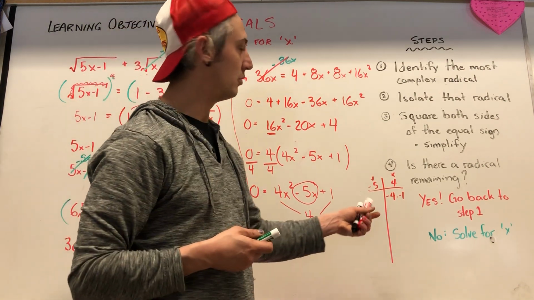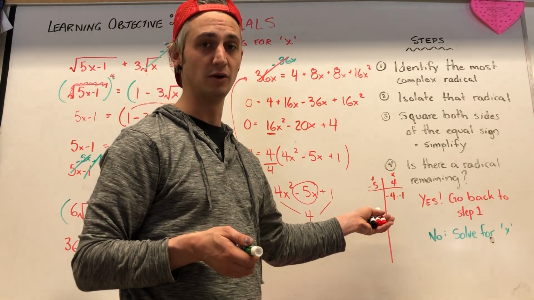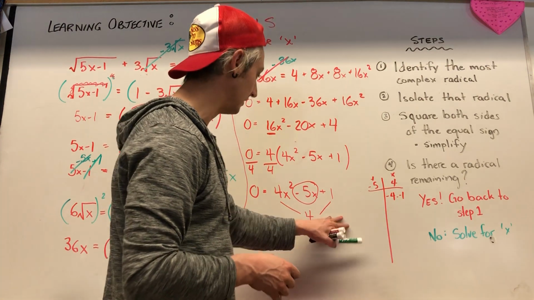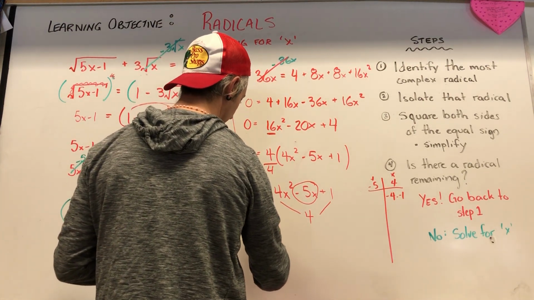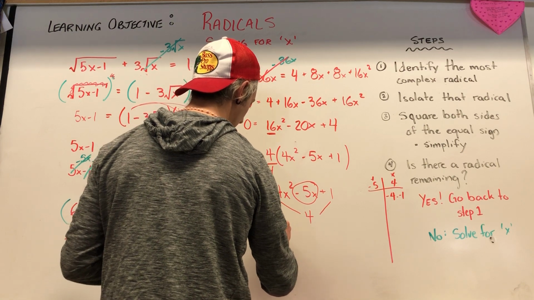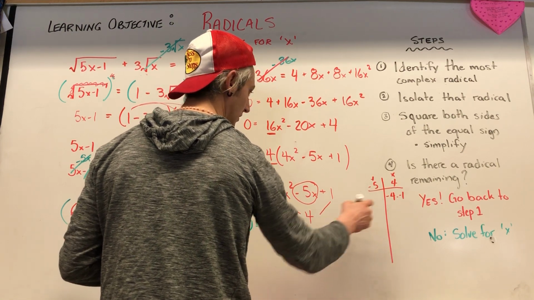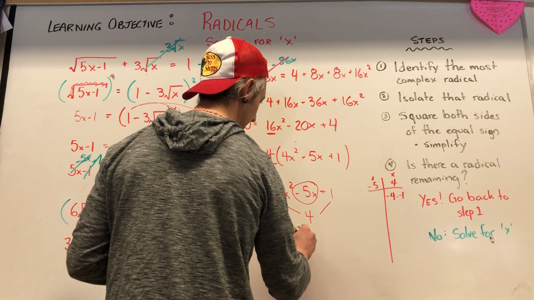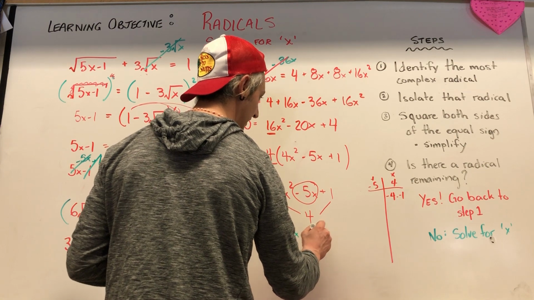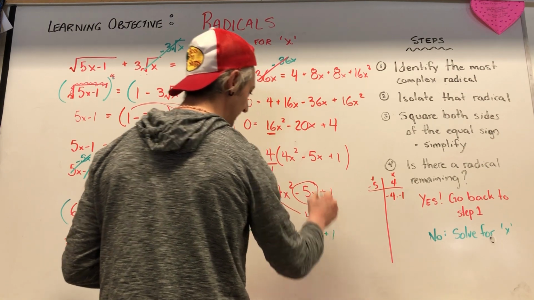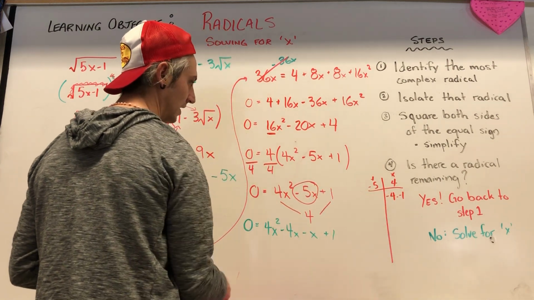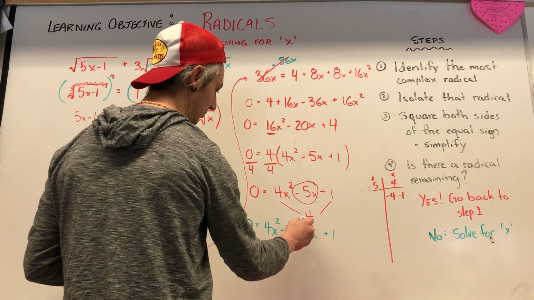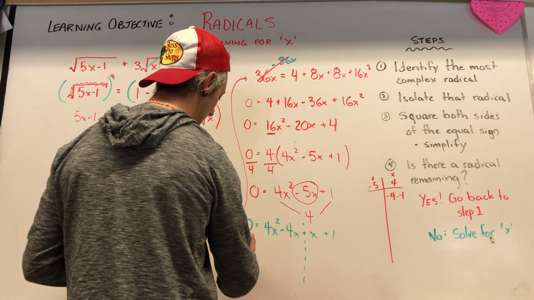If you don't understand what I'm doing, check out my video about decomposition. It'll explain this form of factoring. So 0 is equal to 4x squared minus 4x minus 1x plus 1. I've replaced -5 as the sum of its two parts here. And now I'm going to split this up and I'm going to factor it.